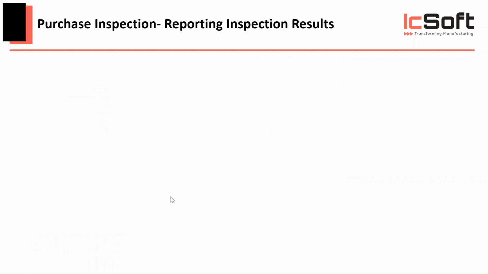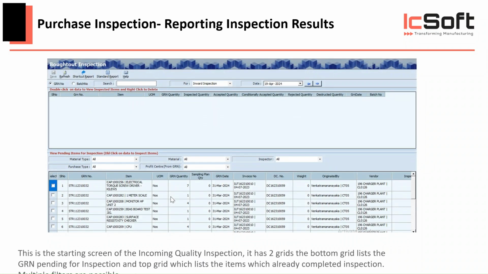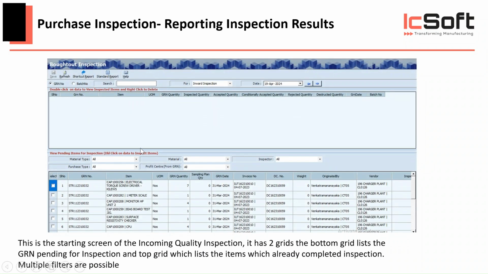How do we report the inspection results? So all the items which are pending for inspection appear at the bottom grid. So once the GRN has been made and the next step is quality inspection, we can see all those lines appearing here.